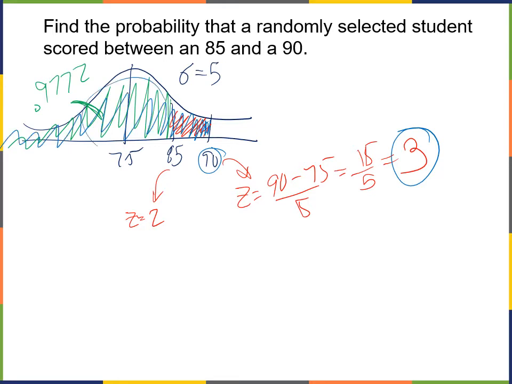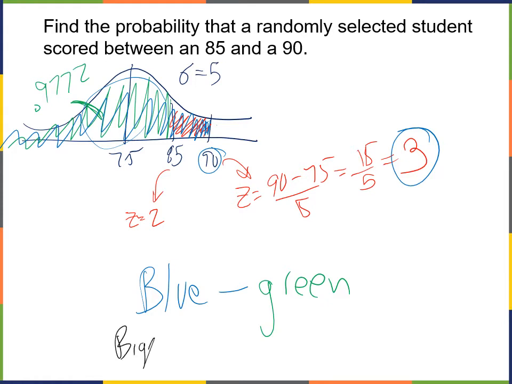The problem is I'm counting this green area twice, right? In the blue answer, I have the green area, and then I have the green area. So to find the area in between, if I do blue minus green, which is basically the bigger area minus the smaller area, that should give me the area in between.